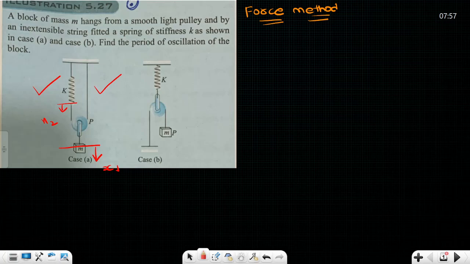If the mass moved down by x1, it is not an equilibrium, so we cannot prove it that way. The only way is to prove it using constraint motion.